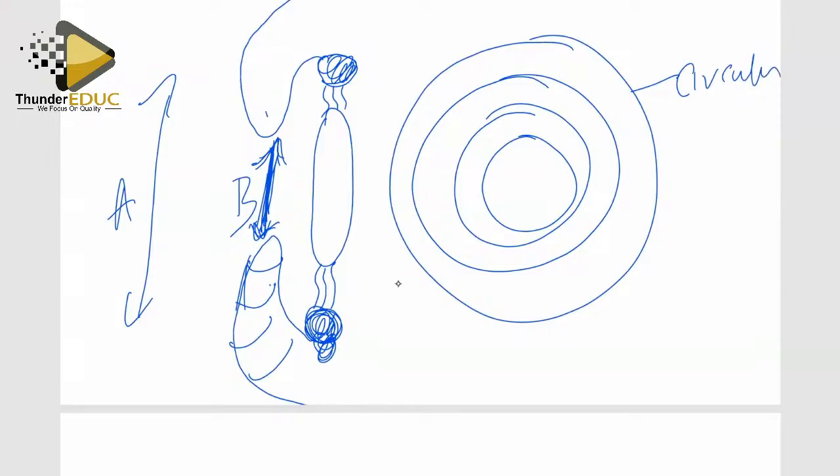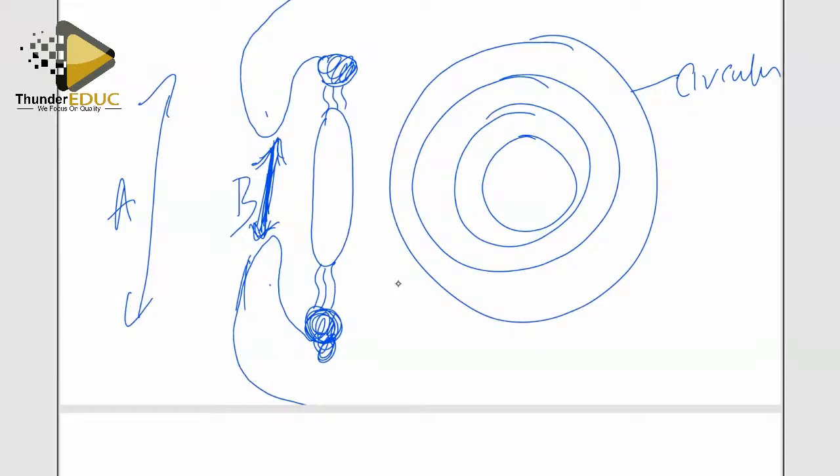They run around like this. Then it has other muscles which run like this. If you look at it cross-sectionally, you'll see that these muscles run like this.